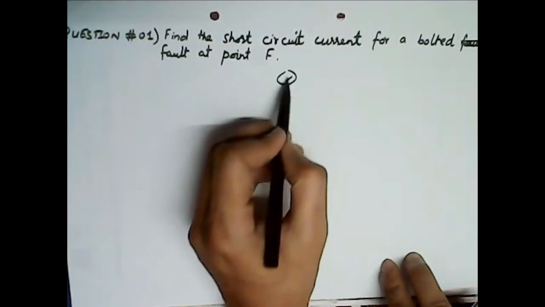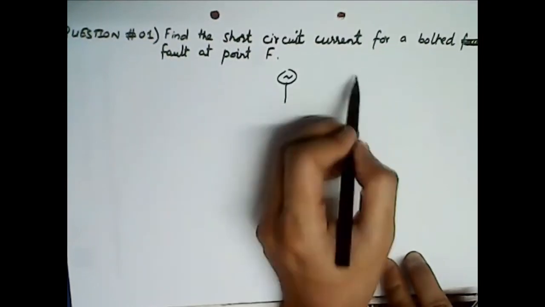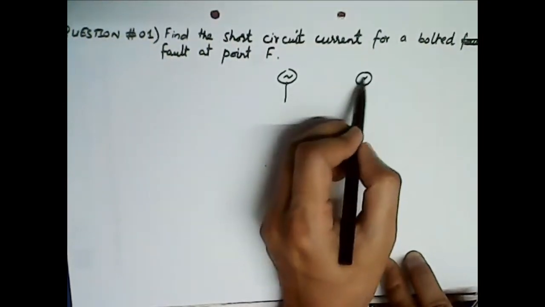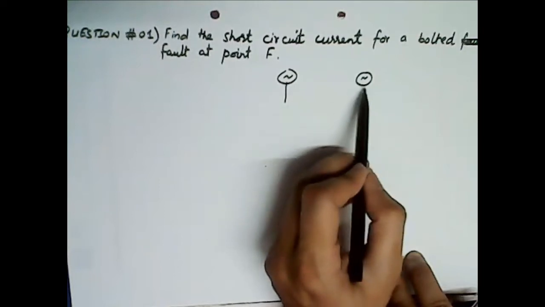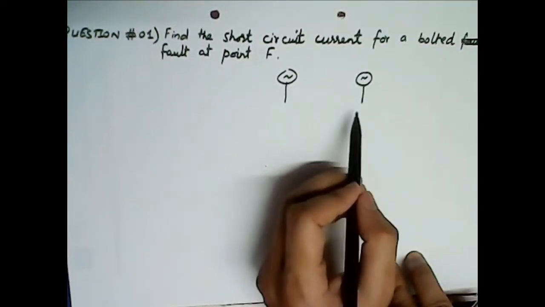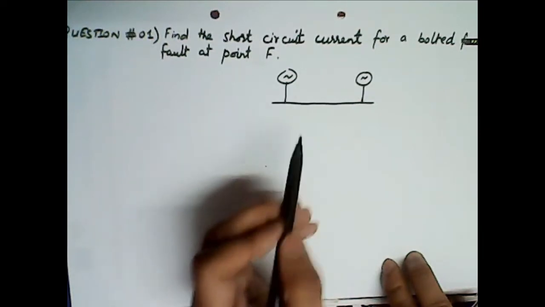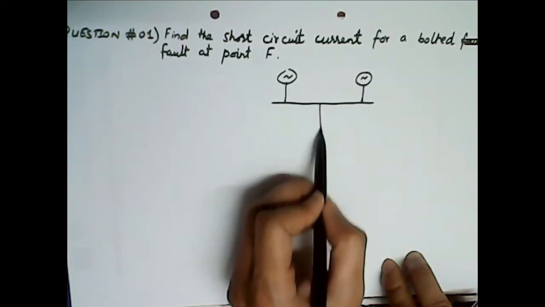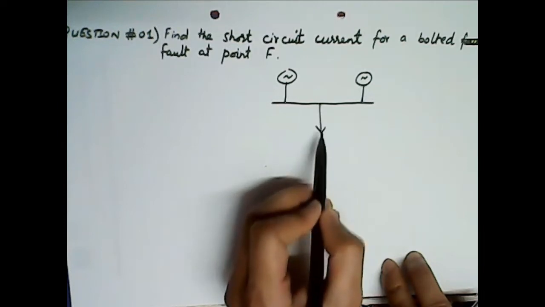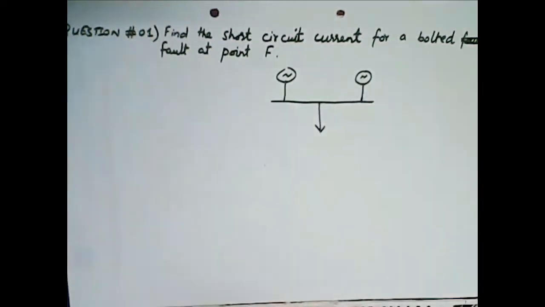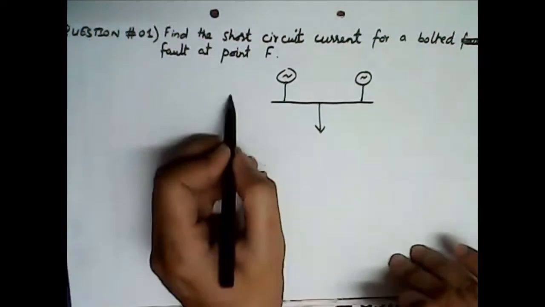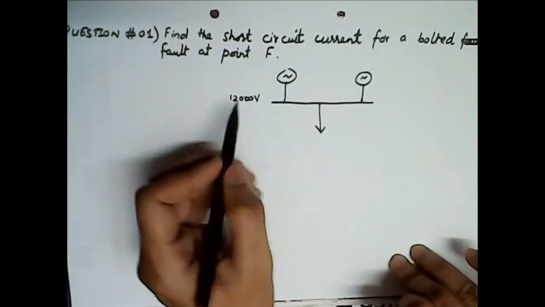The important thing is that the ratings of reactances in terms of per unit are with respect to the generator's own rating, which means there is not a common base so far. This is a 12,000 volts bus.